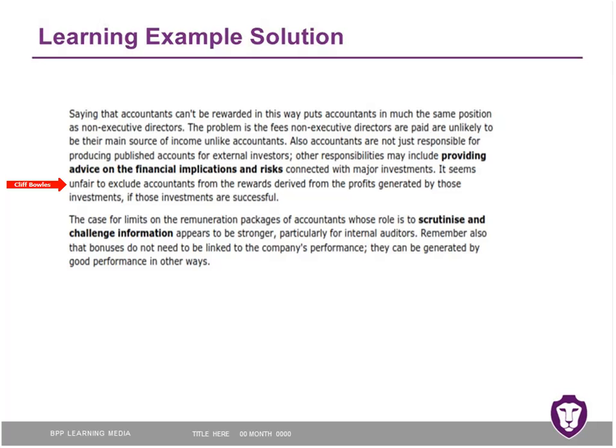The thing that we've got to see is that we don't need to link it to the company's performance or profits. There are lots of ways that we can find to reward people. We can reward people, for example, by using budget variances or key performance indicators. We need to be fair to people.